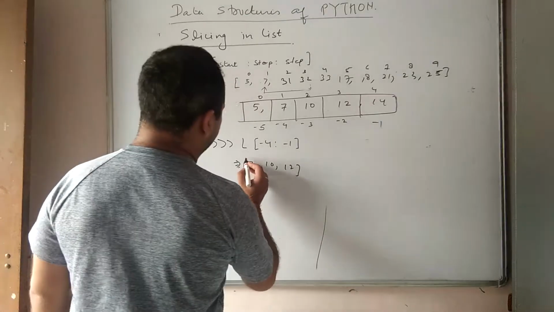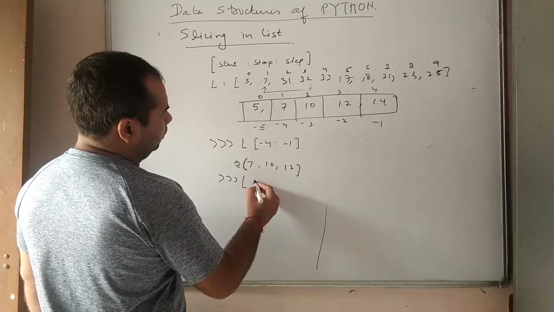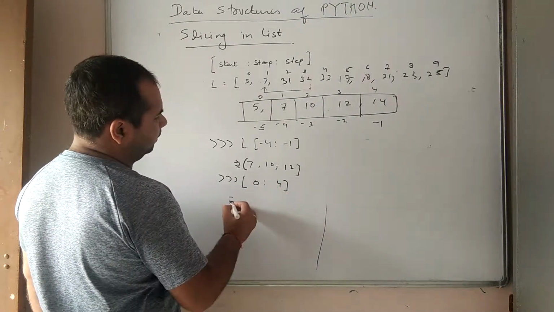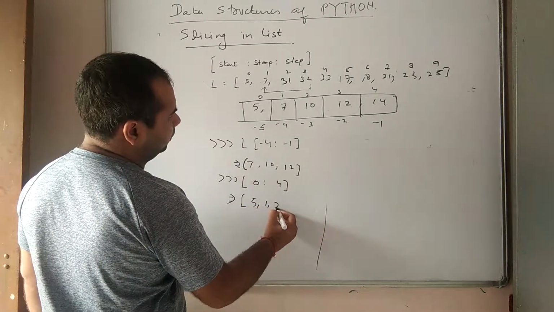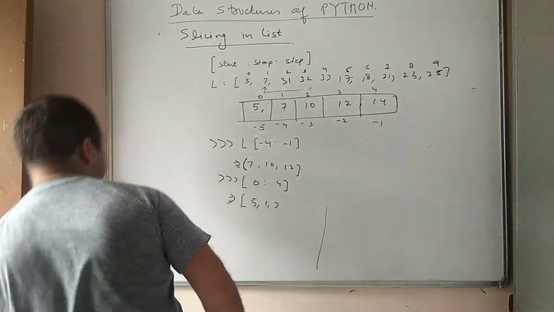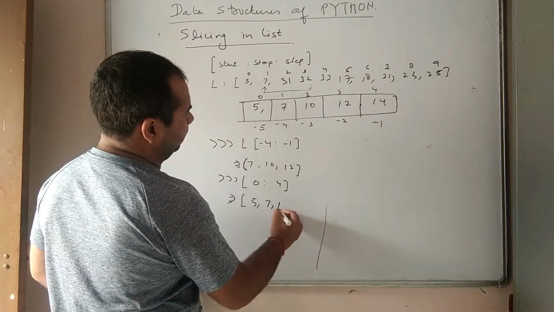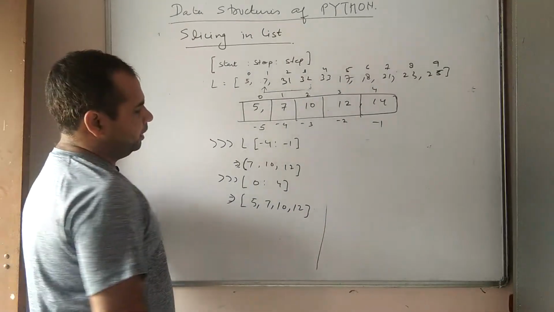If you write 0 to 4, then what will you get? You will get 5, 7, 10 and 12, right?